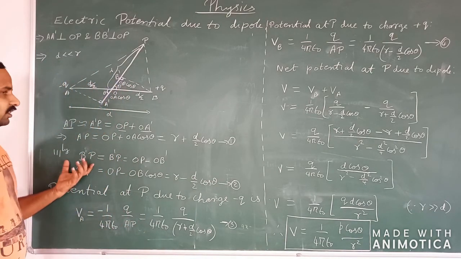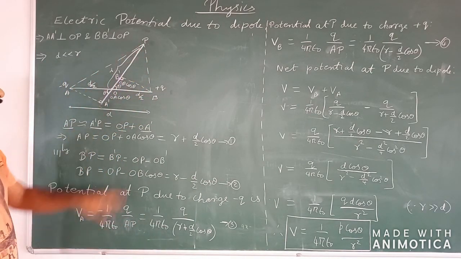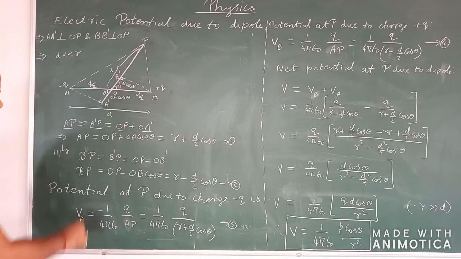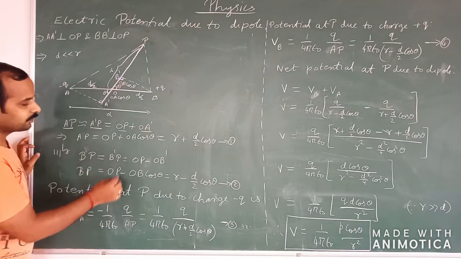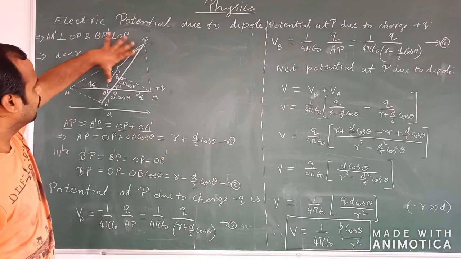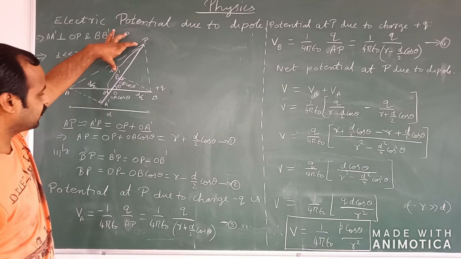So next we go to BP, that is, from B, what is the distance from B to P? That is going to be BP equals B dash P equal to OP minus OB dash. You can see here, this is OP and this is your B dash P, right?